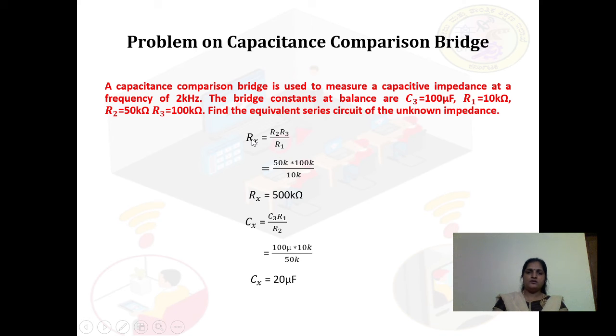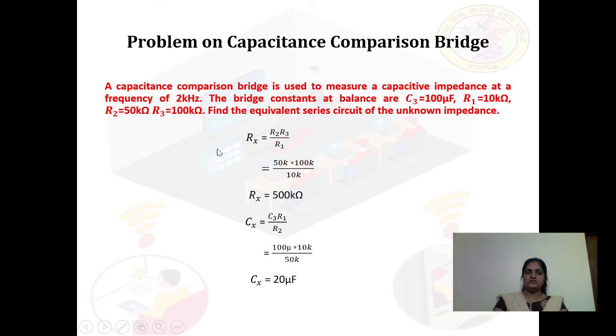In order to measure the unknown resistance and the unknown capacitance, we have just derived the equations for Rx as well as Cx. Here we know the values of R2, R3 and R1, and the capacitor C3 is also provided as the known standard capacitance. The frequency is also provided, but in this problem the frequency is not important.